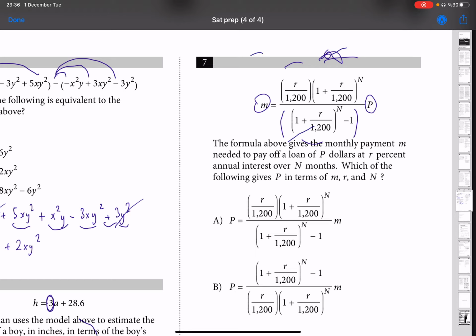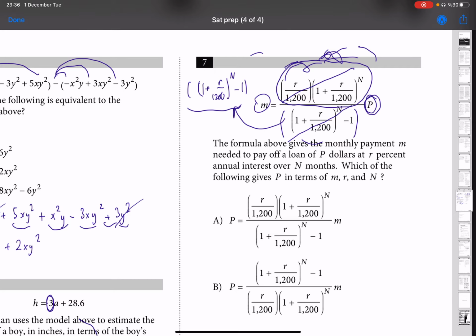So in this part, this will disappear and it will appear on this side as (1 plus r) to the minus 1. So in the next step, you should divide both sides by the numerator of the right hand side so that this will disappear and we will be left with only p.